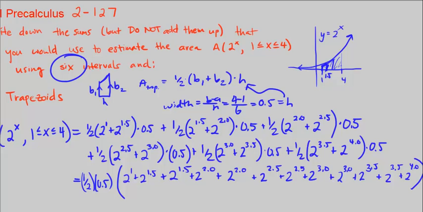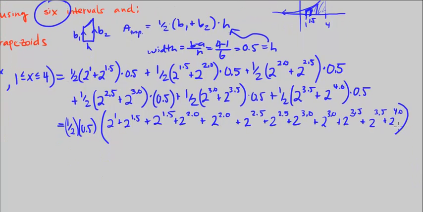Close that off. Okay, and we see we have 2 of each of these, right? So I can go ahead and say, well, that's 1/2. I'm just basically simplifying this.